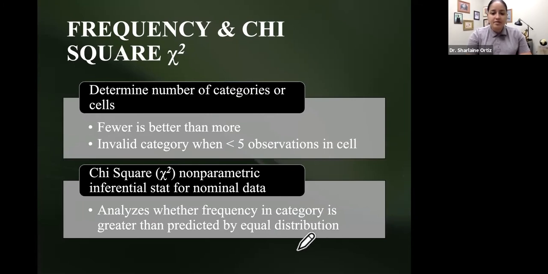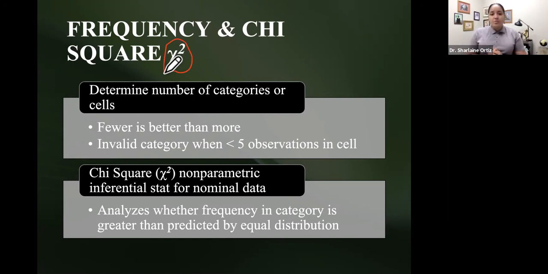Now, in keeping with this example, we need to look into frequency and the chi-square. When we're looking into chi-square, I need you to remember that this will be the symbol for chi-square. We're going to cover that in more detail later on. So let's look into the understanding of the chi-square.